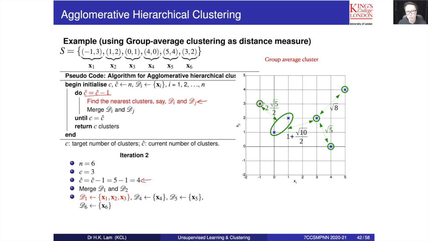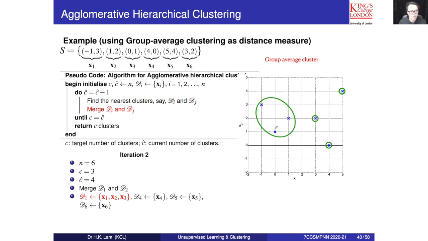We find the group average distance, and we come up with this value, this value, this value, the adjacent distances, and we can also find all the combinations. But anyway, we find that this distance is the smallest. So this is sample x1, this is sample x2, x3. We group x1, 2, 3 together by merging them into one cluster.